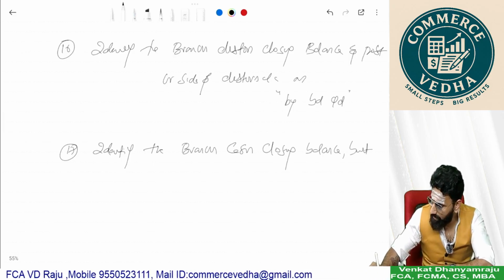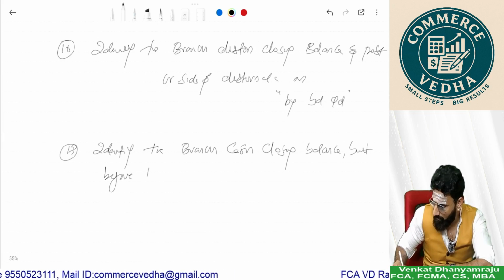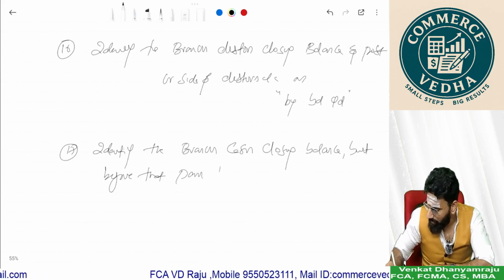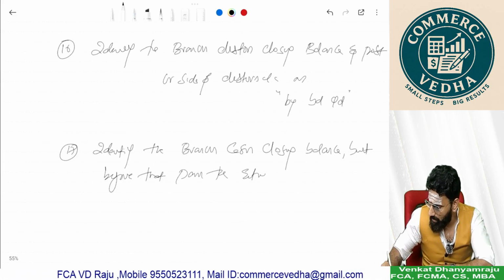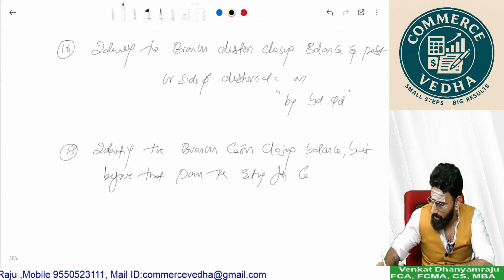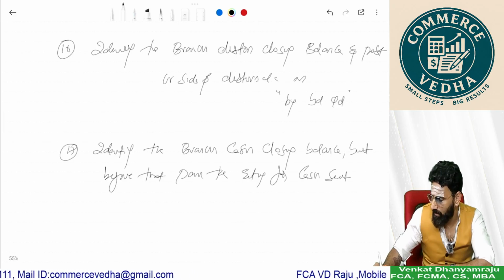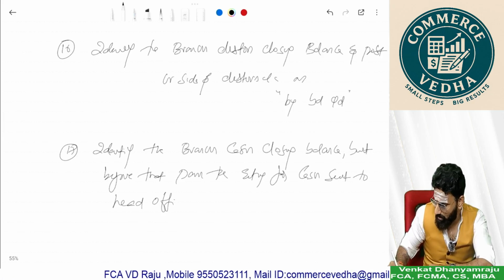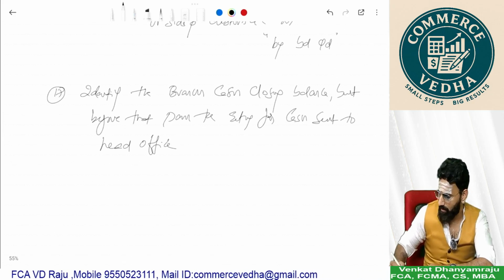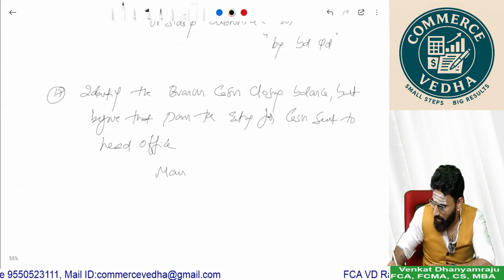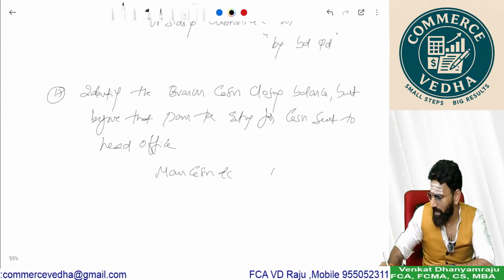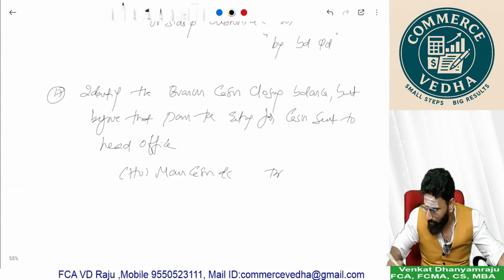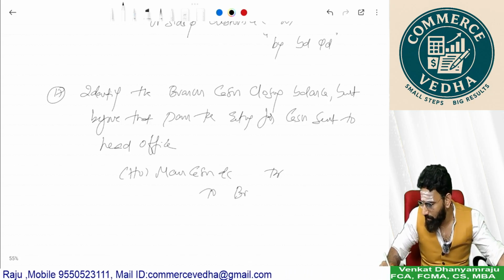But before that, pass the entry for cash sent to head office. Cash sent to head office. So what is the entry for cash sent to head office? Main cash account debit, because head office cash account debit, because amount going to head office, where it is going from?